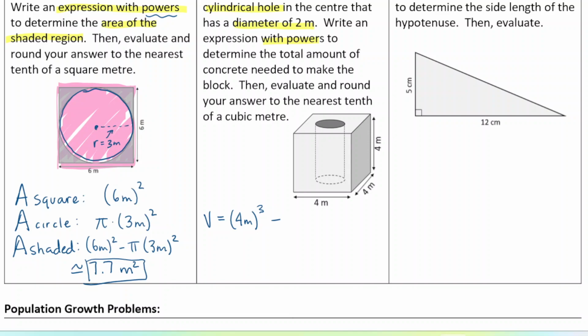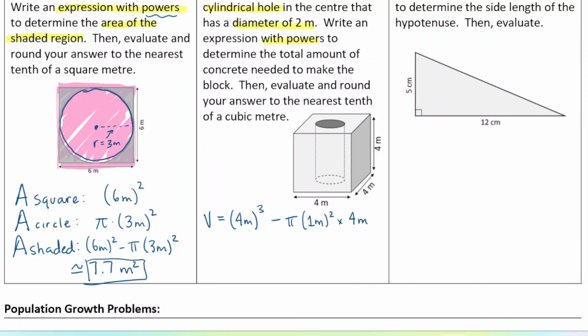So if you recall, for any prism, the volume is area of base times height. So the volume of this cylinder would be area of base, which is 1 times pi times 1 meter squared, and then times the height of the cylinder, which would be 4 meters.